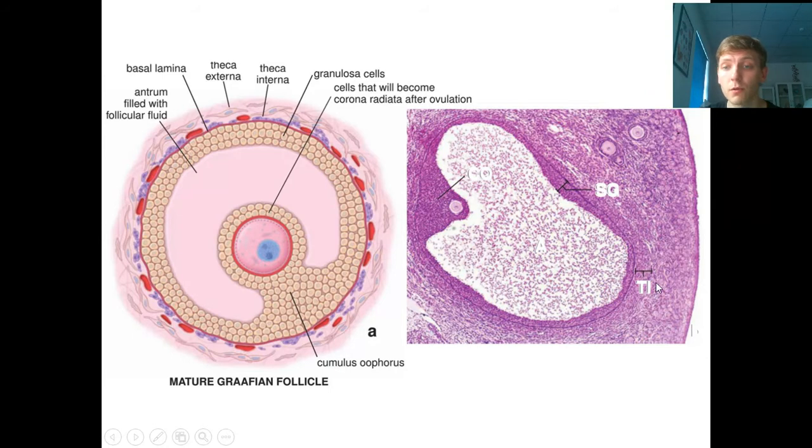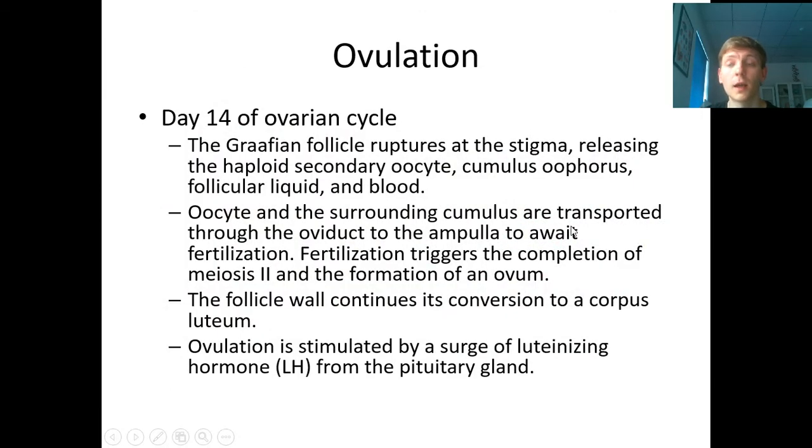After the rupturing, these cumulus oophorus cells distend from the rest of the follicle, and the ovum surrounded by cumulus oophorus cells is flushed into the fallopian tube. This process is named ovulation.